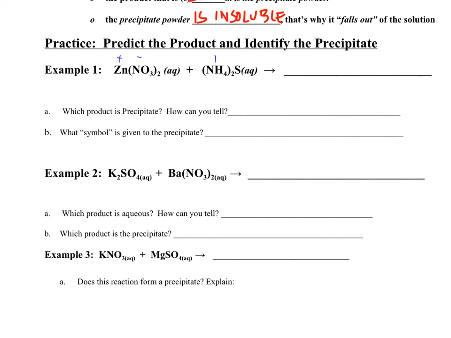Ammonium is a positively charged polyatomic ion, and sulfide is negatively charged. They are going to replace each other. Positives go with negatives. Like charges will not bond together. So the positive zinc bonds with the negative sulfide, and the positive ammonium bonds with the negative nitrate.